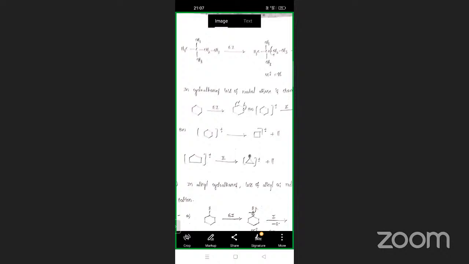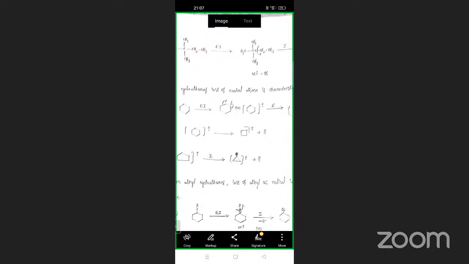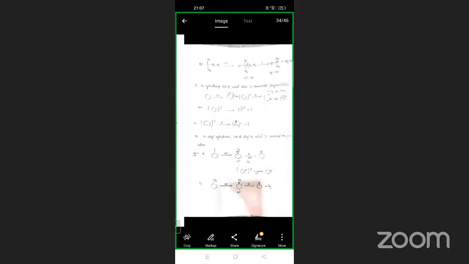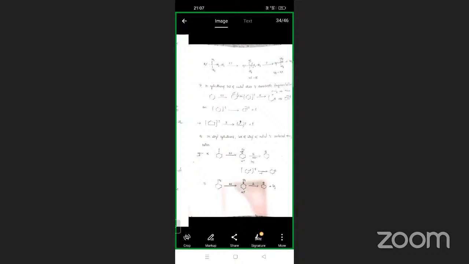Here you see this particular molecule, 2,2-dimethylbutane. Here the possibilities for the cleavage: you can cleave here, here, or here.